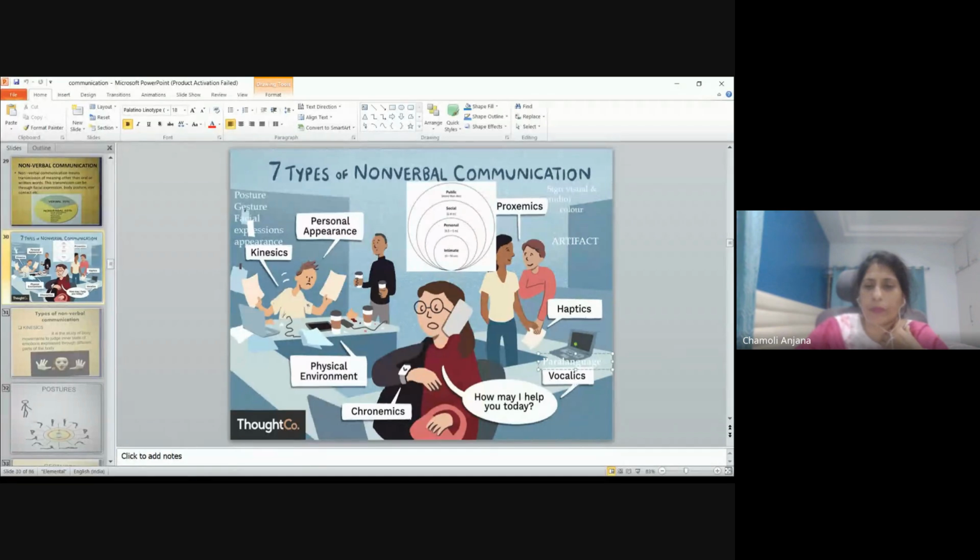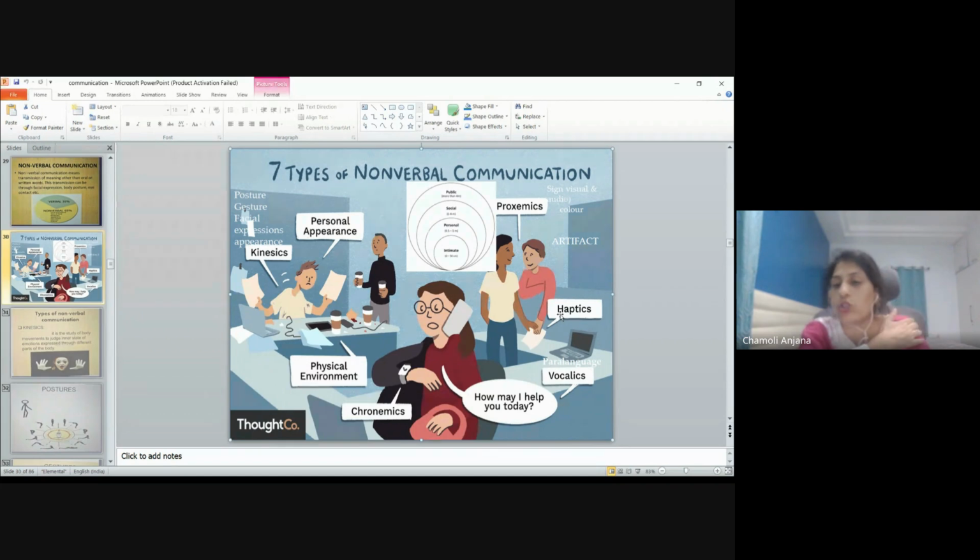the haptics. Haptics is the study of touch and its impact and influence on communication. So how does touch talk about the communication? For instance, if an employee does a very good job and he achieves his goal, the boss pats the shoulder of the employee.